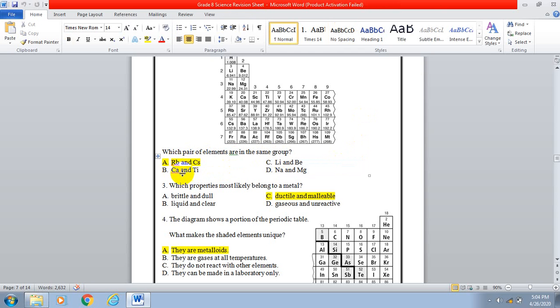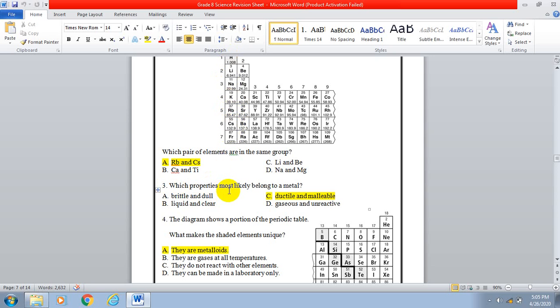Rubidium and cesium, calcium and titanium, lithium and barium, sodium and magnesium. Look now, search RB, rubidium and cesium. Yes, we have Rb and cesium. Look, it lies in the first group, the same group. So rubidium and cesium.